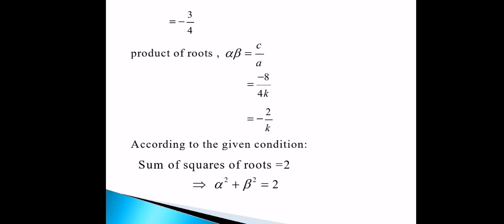Now since we know that a plus b whole square is equal to a square plus b square plus 2ab, so by using this formula, alpha plus beta whole square is equal to alpha square plus beta square plus 2 alpha beta.